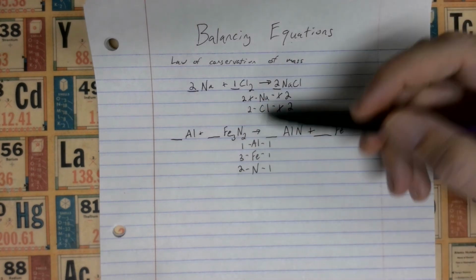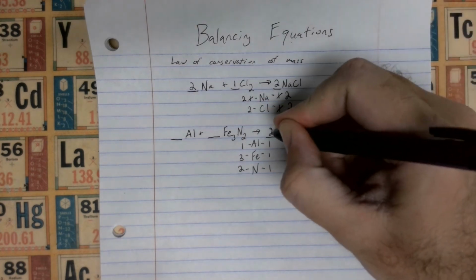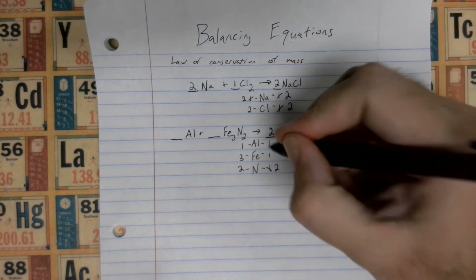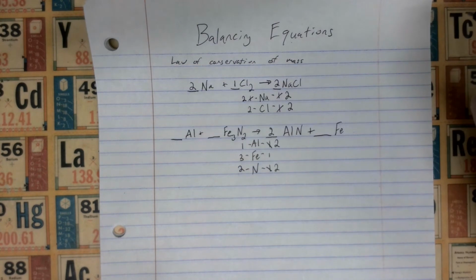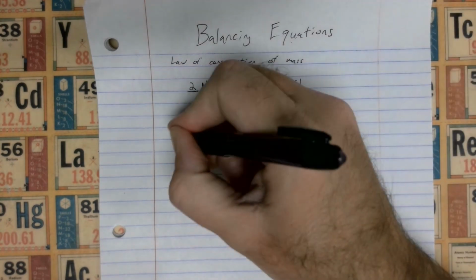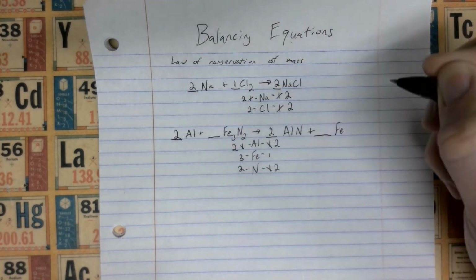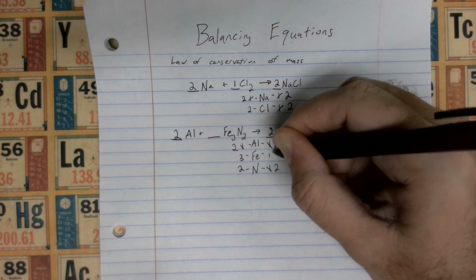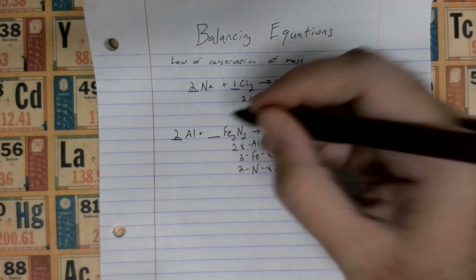I have 2 over here. So I'm going to put a 2 right here. That's going to give me my 2 nitrogens. Then that also changes my aluminum to 2. So then I'm going to have to put a 2 here to change that aluminum to 2. And then I would need a 3 here to change my iron to 3.